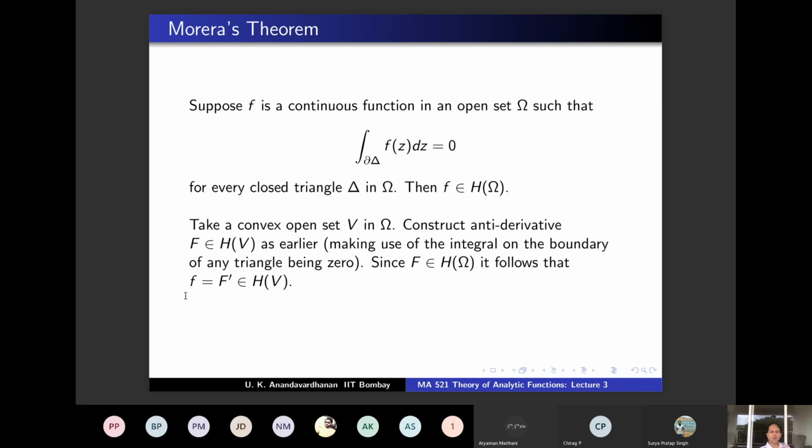So that shows that f is holomorphic on V, and this you can repeat for any convex open set V. So it is holomorphic throughout omega, right? f is a function on omega. You take any convex open set V, you have shown that f is holomorphic on V. And this is true for any V, which means f is holomorphic on omega. So this is Morera's theorem.